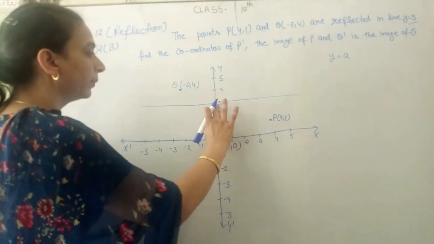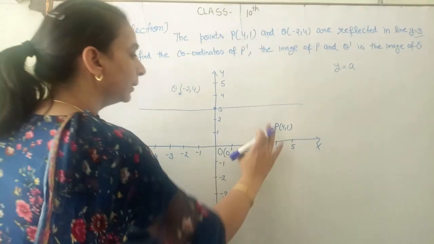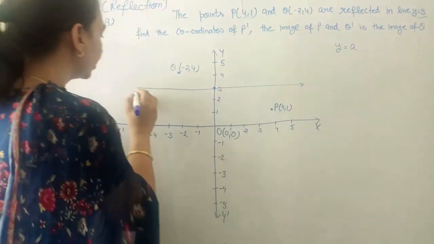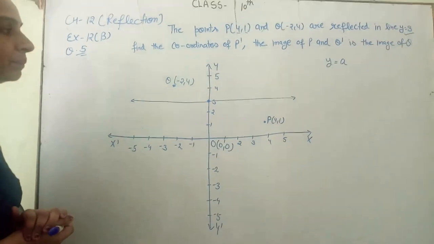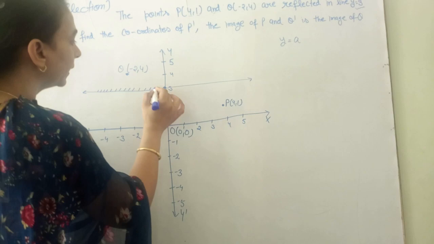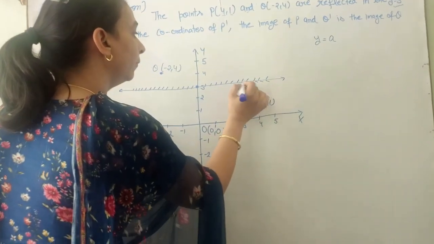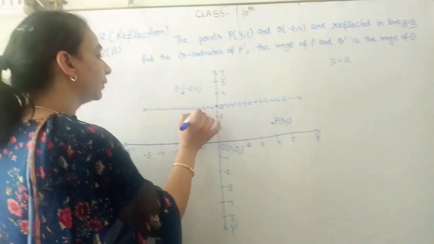Okay, y equal to 3 means we take y 3 and we have a line parallel to x-axis. Okay student, this is the line, this is a mirror, this is the line of reflection.